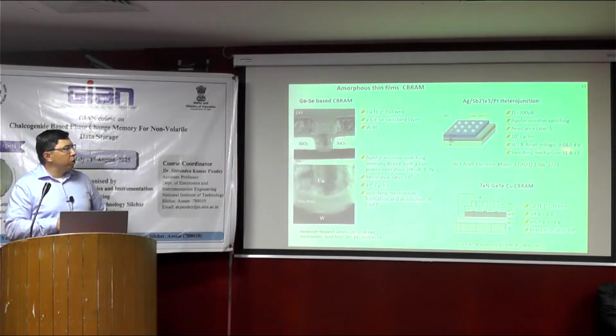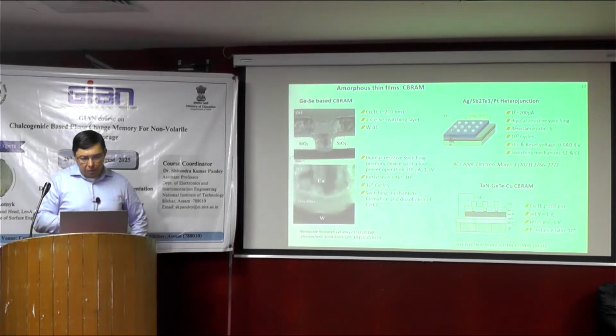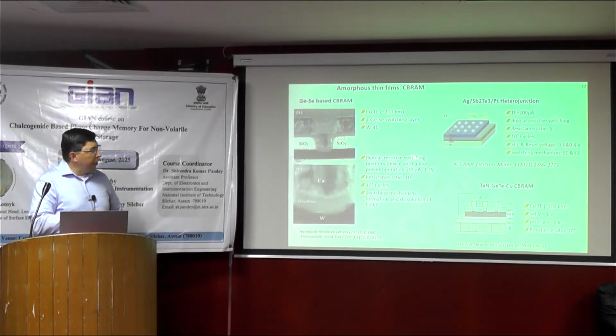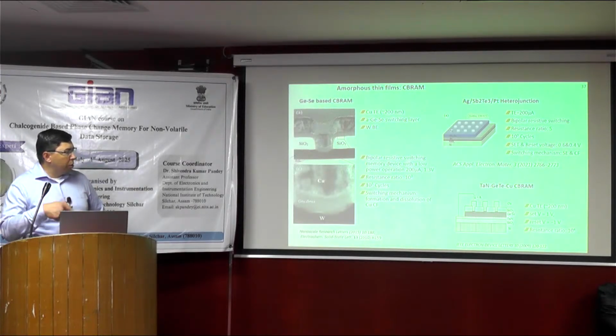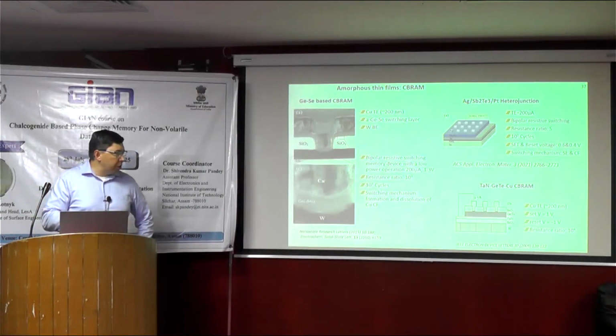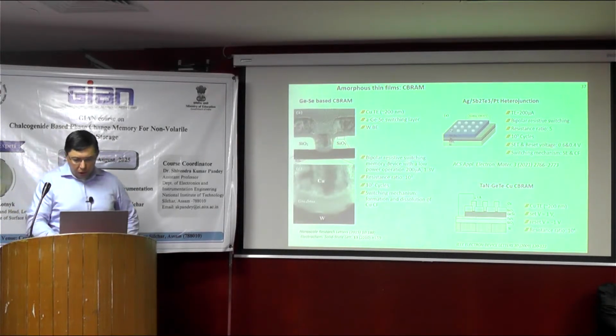Set and reset voltage is also low, and the switching mechanism is also based on formation and dissolution of silver filaments. In the area of germanium telluride, you can also use copper as electrode, and you can also get nice values for set and reset, like plus minus volt, and it's also bipolar switching, and the resistance ratio of 10 to the 4 is also nice.